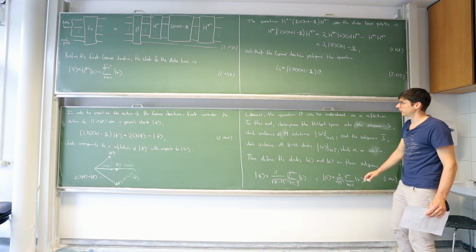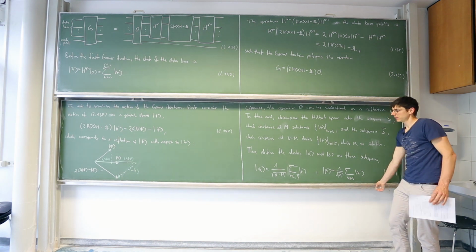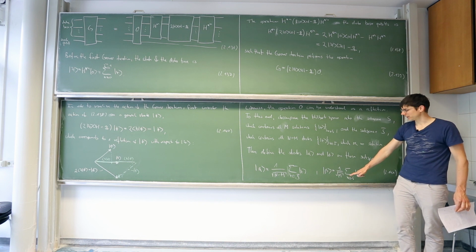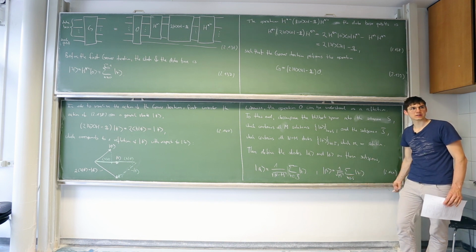Okay, so we define now the state α as the superposition of all states which are no solution, and β as the superposition of all states which are a solution, right?